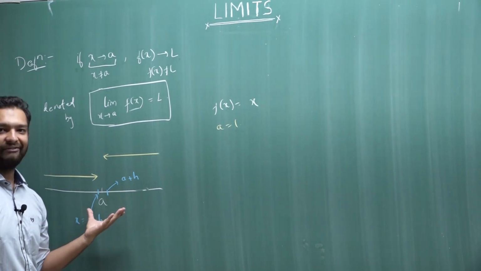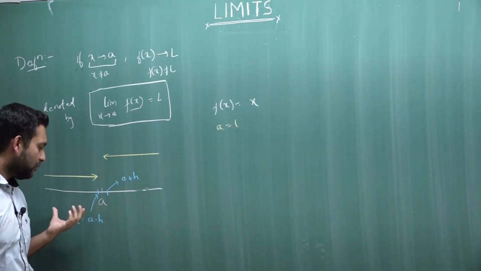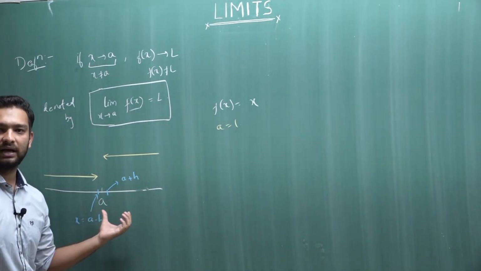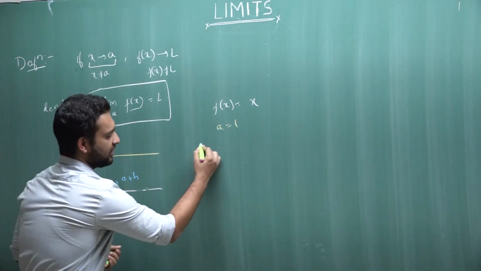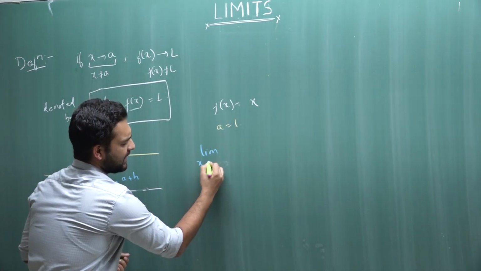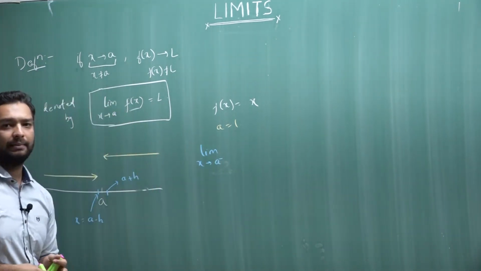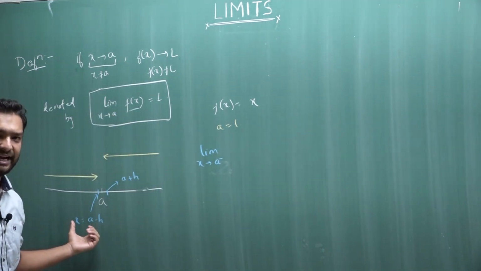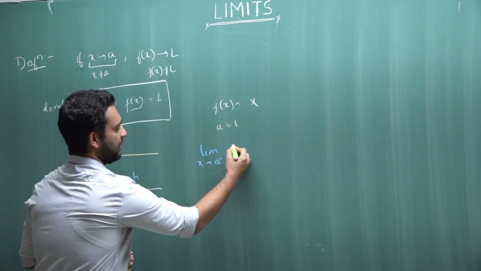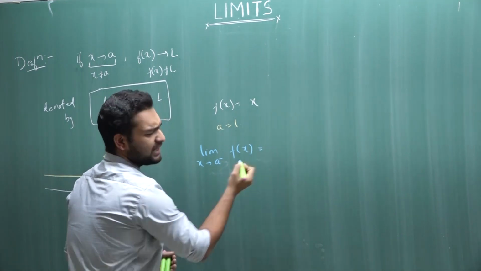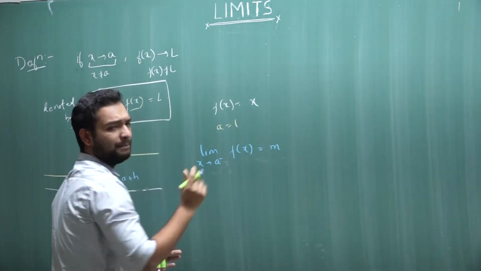Okay, now here we can define two types of limit. First, when we are tending to a from the left hand side. So when we are tending to a from the left hand side, we'll generally write it as limit x tending to a minus. We write it as x tending to a minus because we are tending from the left hand side of a, f of x. And let's say this value comes out as m.